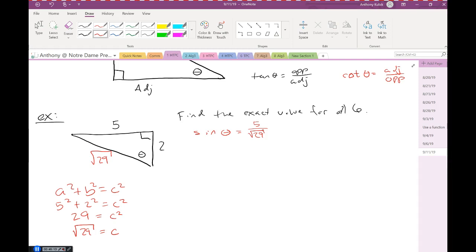So what do we need to do to rationalize this denominator? Multiply the top and bottom by the square root of 29. Everybody okay there?